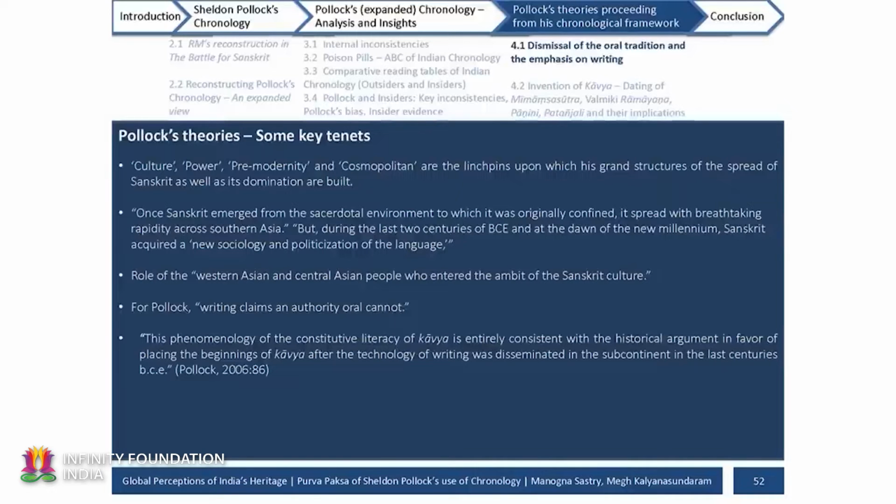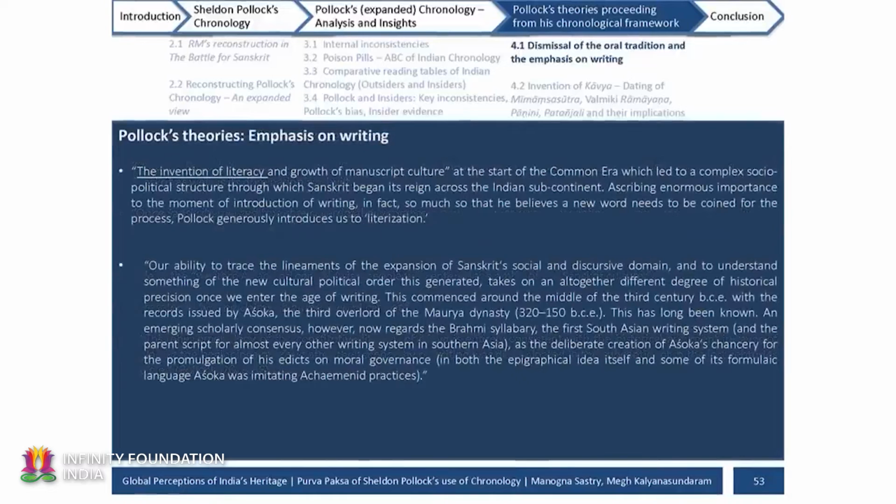This relationship also enables him to paint the oral order as being characterized with Brahmanical exclusivity, ritualization, and create a sort of a dichotomy for the newer millennium, where the liberated Sanskrit breaks the barrier and acquires a political role. So he already brings in a certain manifest bias towards the written and startlingly dismisses centuries of oral tradition to come to his key central points.